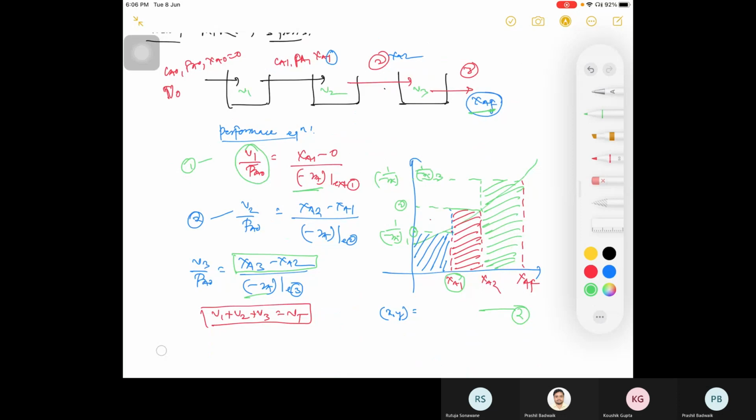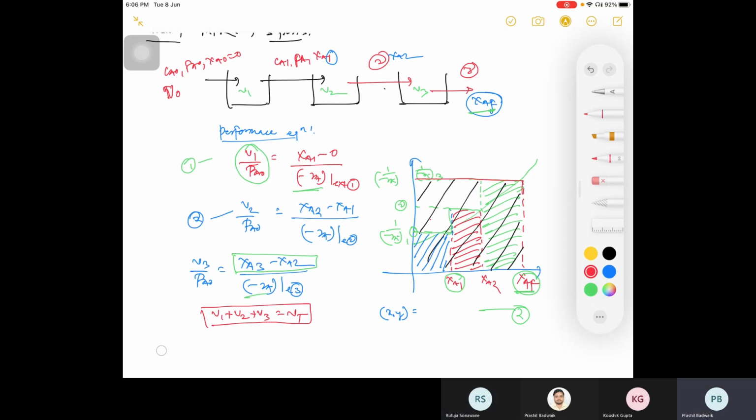So when I had a single reactor, in order to have XAF as the final conversion, this was the area, I'll mark it in black, right? But when I broke it into these three portions, this much area is left.